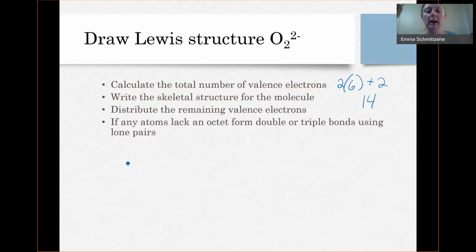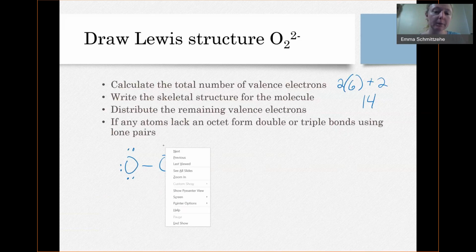So I still have the same skeletal structure, oxygen bonded to oxygen, but right now I have 12 electrons to work with. So I can add 3 lone pairs, or 6 of those 12, to the left side, and then I have 6 left, so I can add those other 6 to the right hand side, okay?